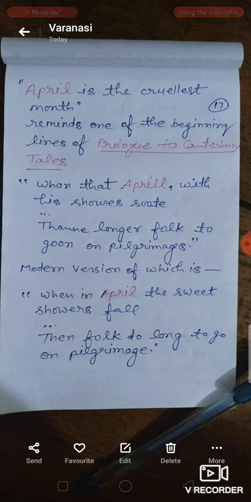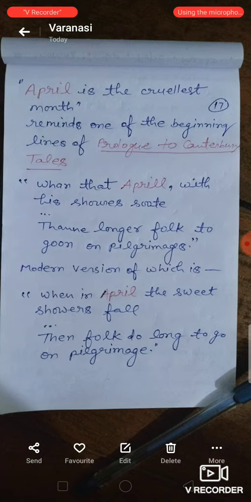So we see the effect of the World War on this poetry as well. In the 20th century, we have to talk of the time six centuries after Chaucer. So in the 20th century, when this April comes, it becomes the cruelest month. So this is an ironic allusion, and we have to understand why this difference has taken place.